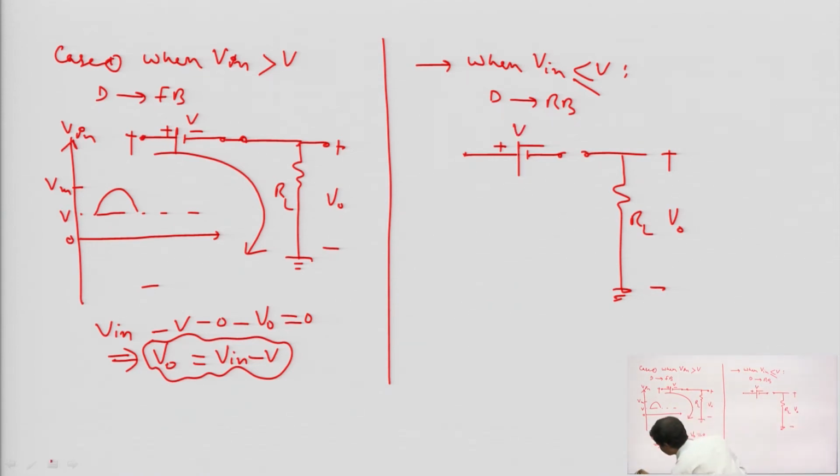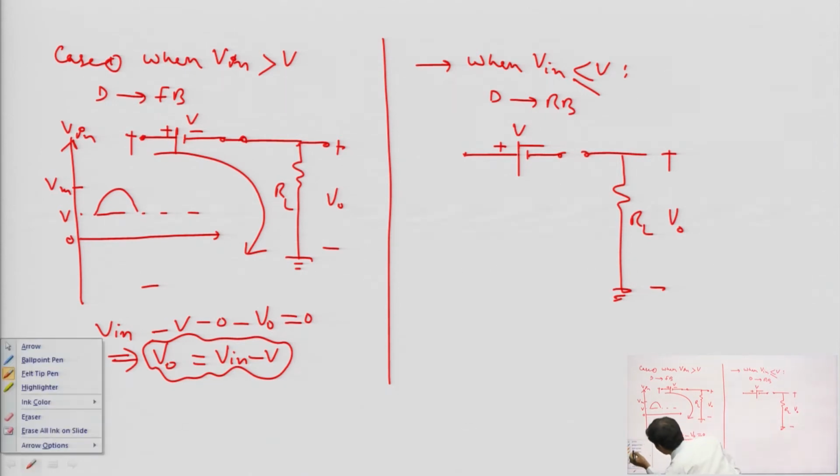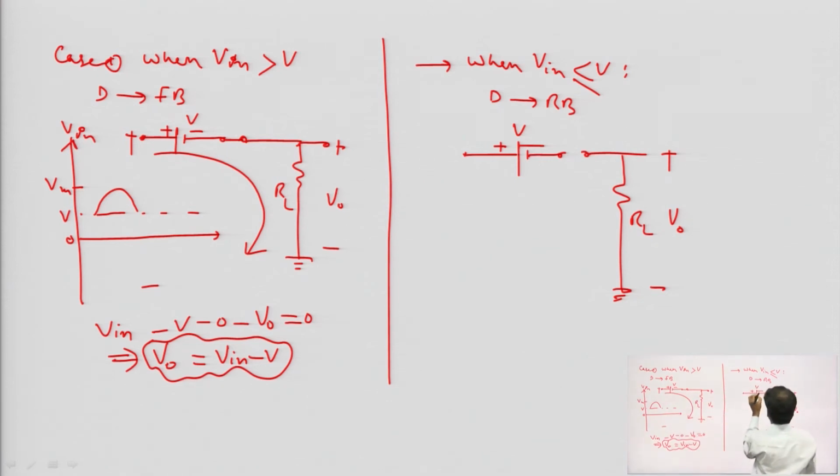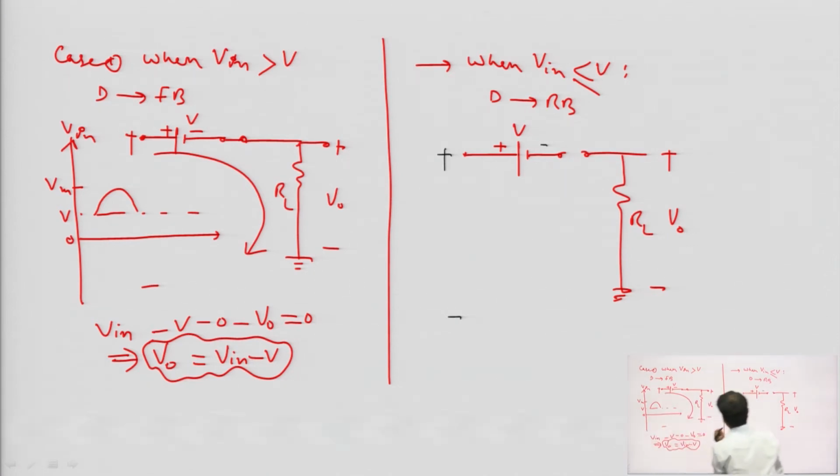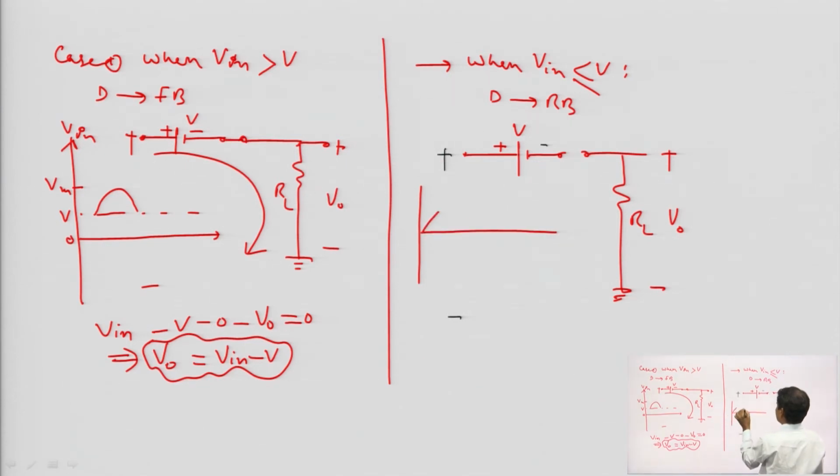Here the input is less than V, this means this is the input V, 0 and minus Vm.